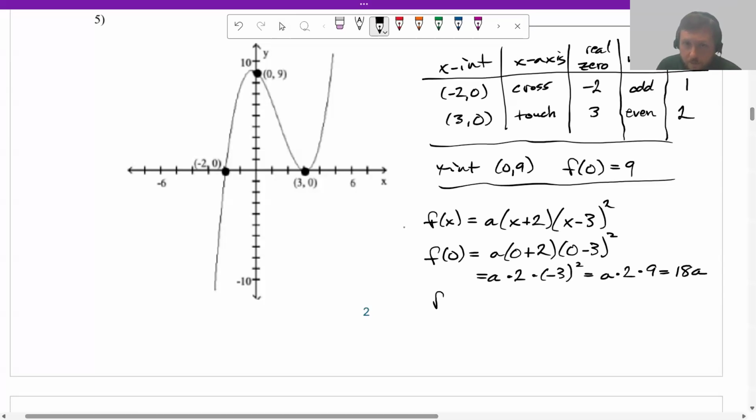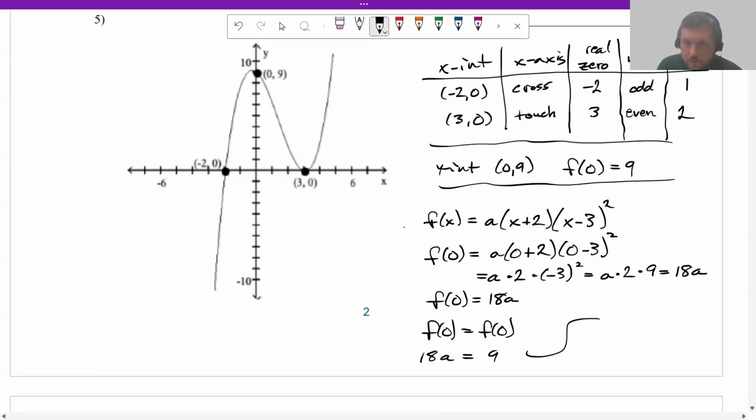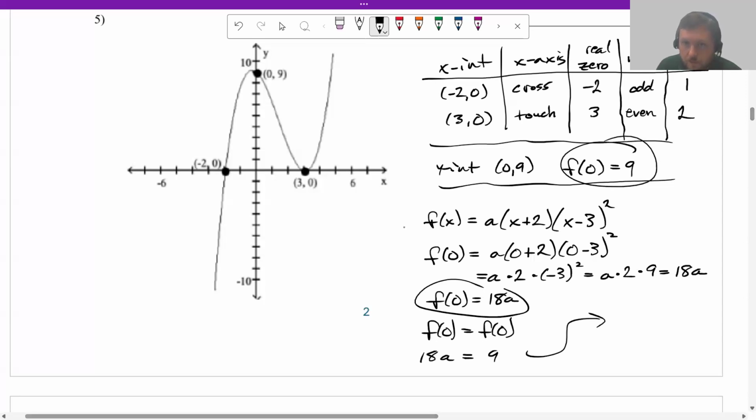Okay, so we have f of 0 is also equal to 18a. Now, since f of 0 should be equal to itself, we have 18a is equal to 9. So we're setting those equal to each other. So if we divide both sides by 18, 9 over 18 reduces to 1/2. Okay, so there's our a.